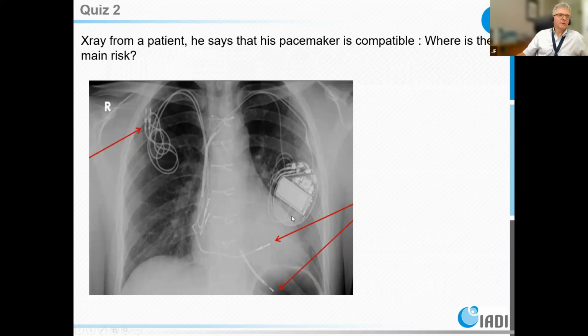This is the pacemaker here, or the defibrillator. Then you have a long wire going inside the heart here. Perhaps this system is given as MR compatible, so you can use it. What do you think about this here? Discussion. There are some people who are asking something.